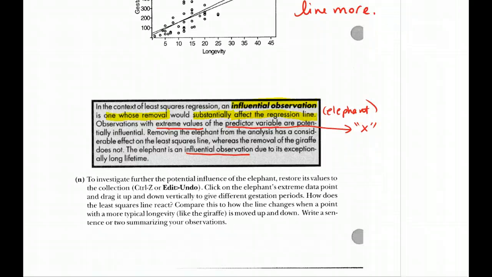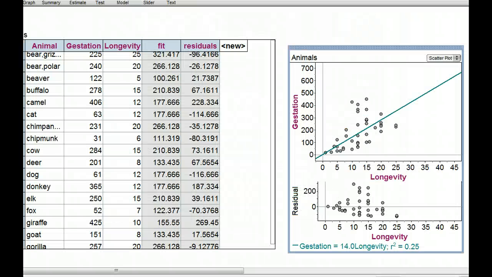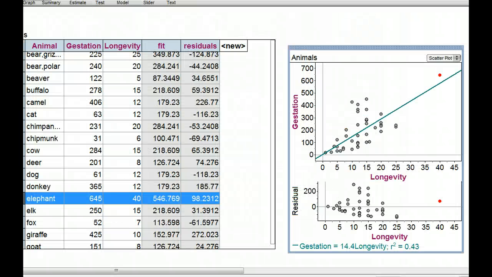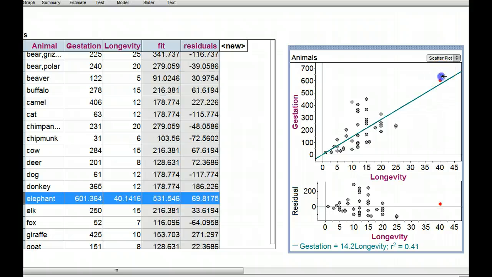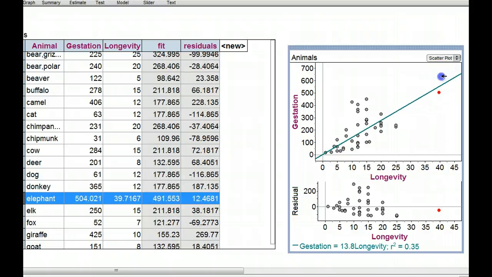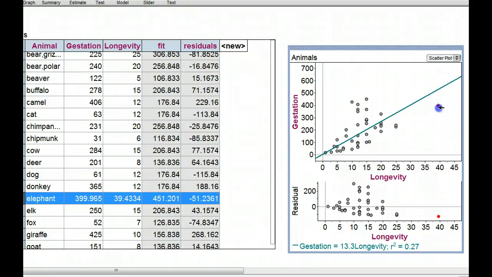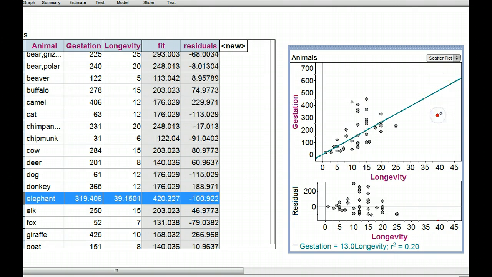Okay, so investigate further. We're going to put the elephant back. Let it undo. Okay, there it goes. And we're going to click on the elephant's data point and drag it up and down. They want you to see the impact. It's changing a lot, right? To give different gestation periods.